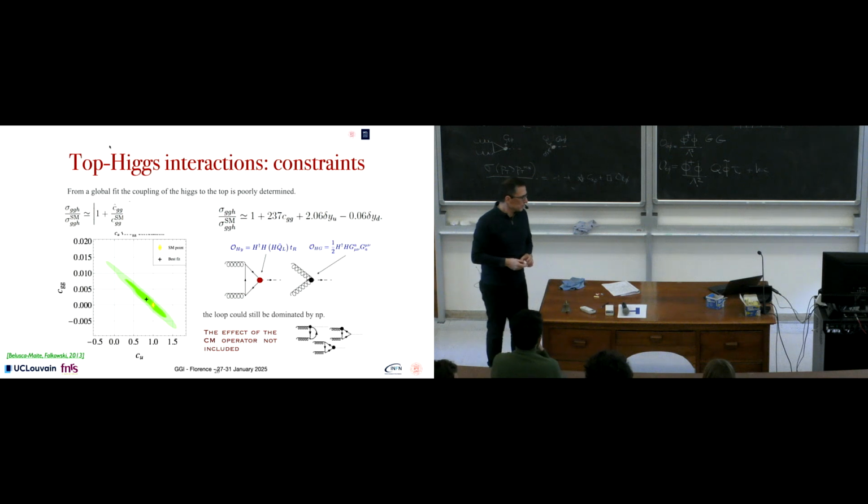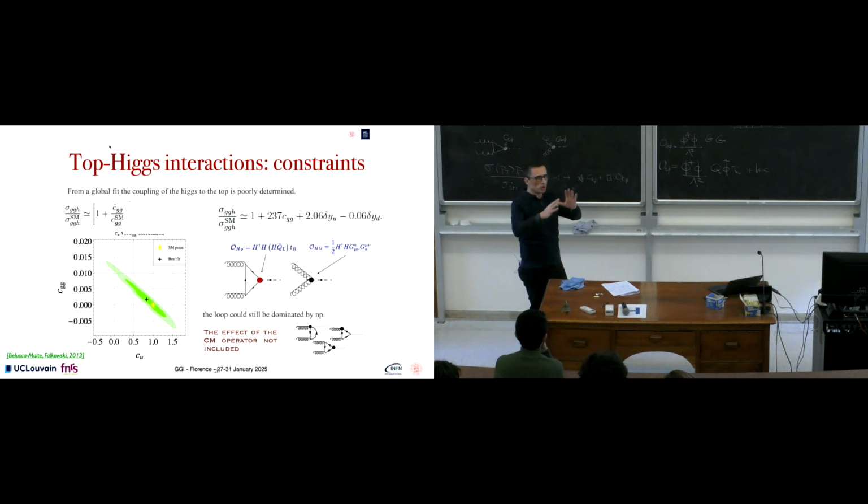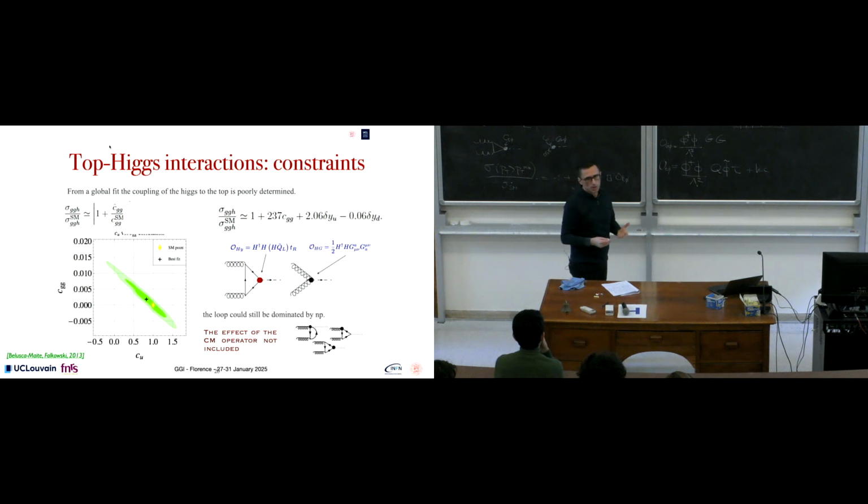Rightly so, you're asking whether we can close the fit. In practice, when we say that we do a global fit, it's never global in the sense of 2,499 operators. We always make assumptions. And where we make assumptions most strongly is in the flavor structure, because the flavor structure of the SMEFT is very, very rich, as you have all combinations.